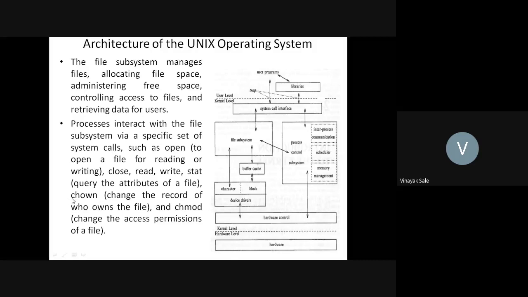If you want to change the group owner, then this command is used. If you want to change a particular mode of that file or directory, then use the command chmod.